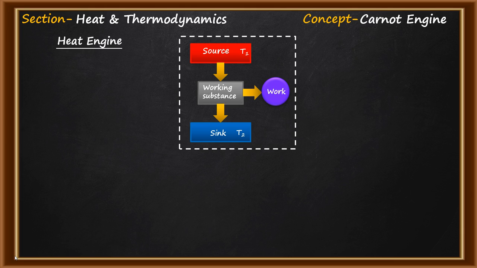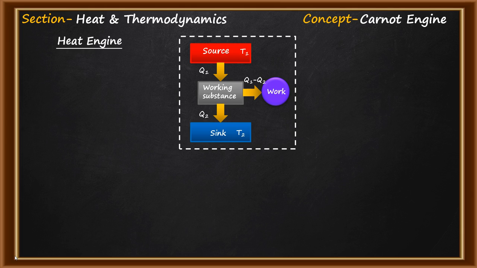Now the amount of heat which is converted to mechanical work determines the efficiency of the heat engine. So suppose the working substance takes Q1 amount of heat from the source and rejects Q2 amount of heat to the sink, that means the difference Q1 minus Q2 is the amount of heat which is converted to work.